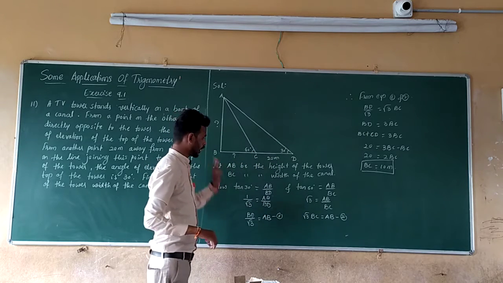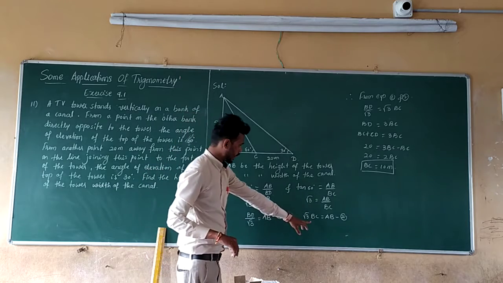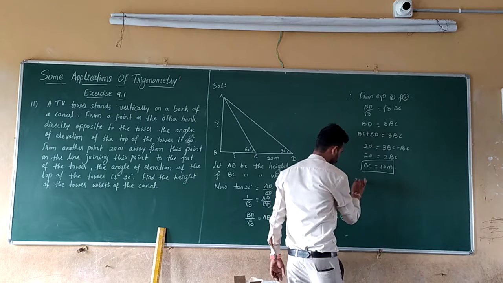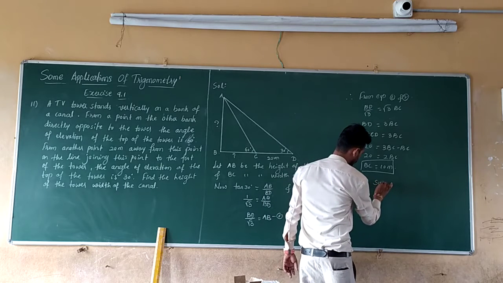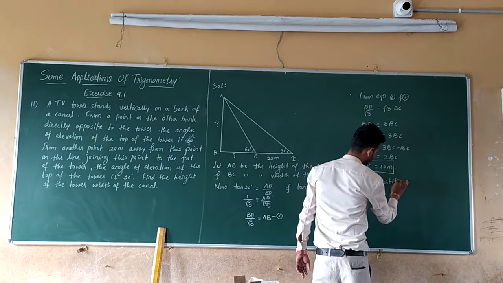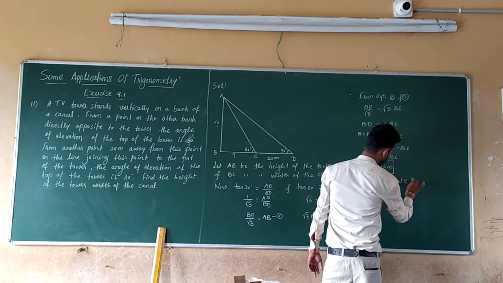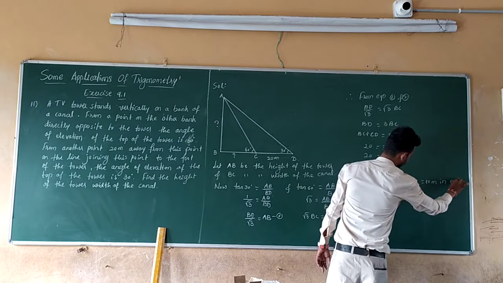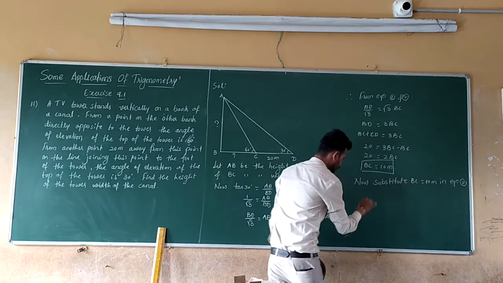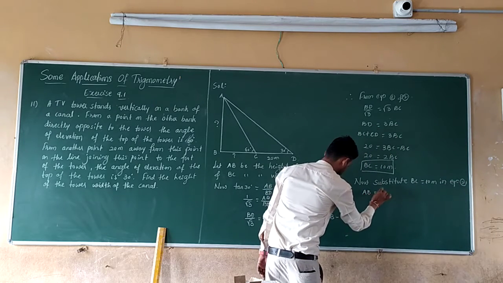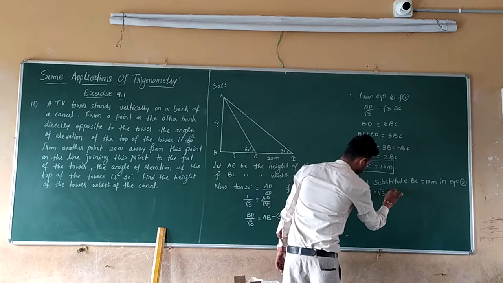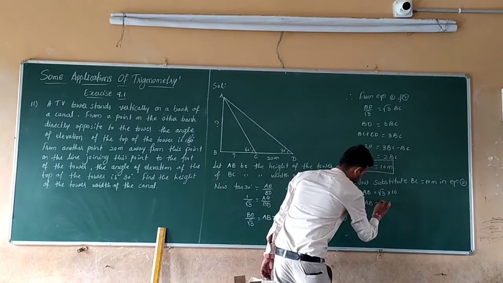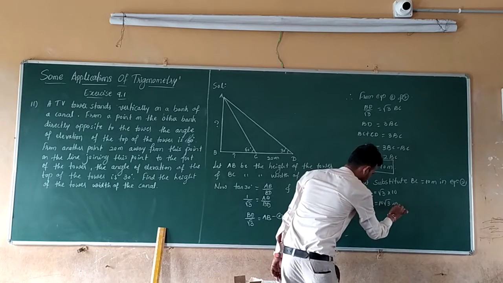And next, the height of the tower we need. So let us substitute BC equals 10 in equation 2. So AB is equal to root 3 into BC, which is 10. So AB is equal to root 3 into 10, that is 10 root 3 meters.